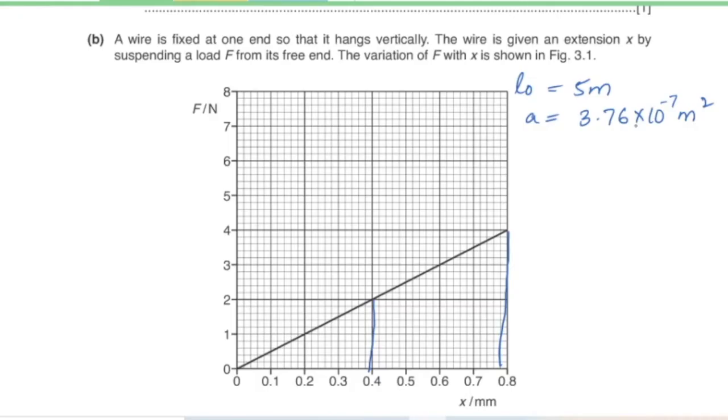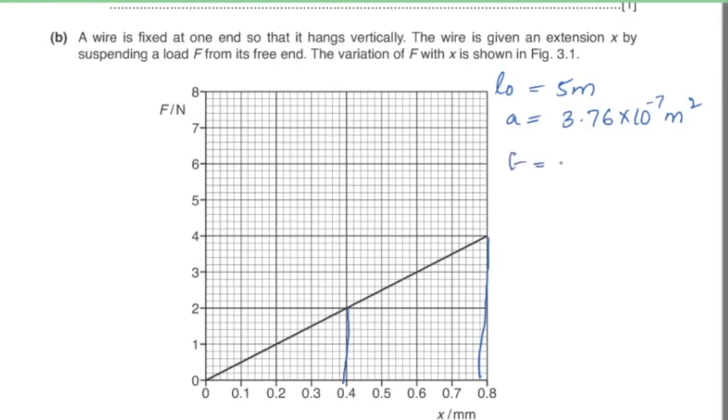Now it's time to find out the force being exerted that causes 0.8 millimeters of extension on this double the length and double the area wire. So force is equal to Young modulus, 1.3 into 10 to the power of 11, into the area of the new wire, 3.76 into 10 to the power of negative 7, into the extension, 0.8 divided by 1000, and this whole should be divided by the newer length of the wire, which is 5 meters.